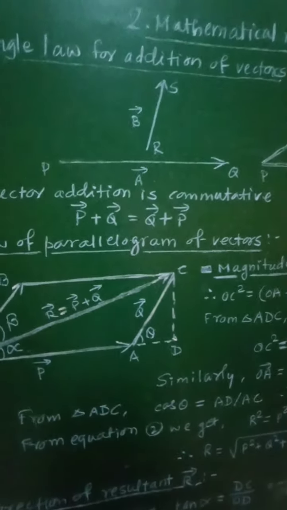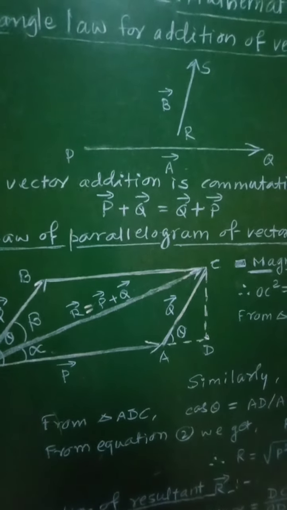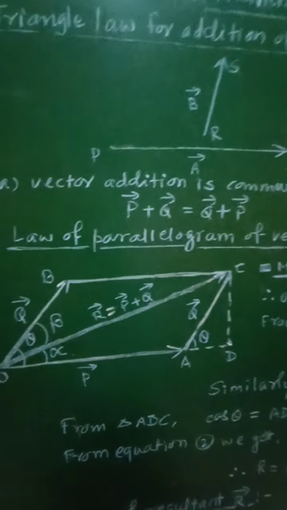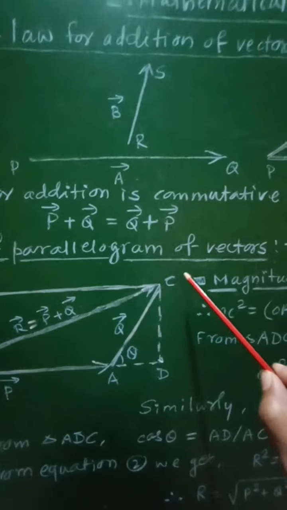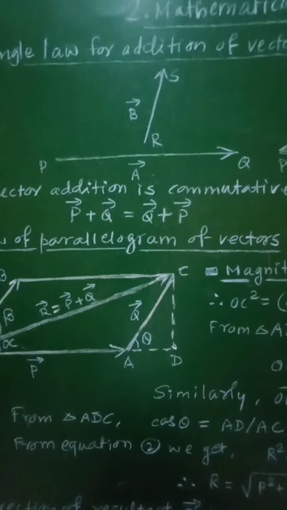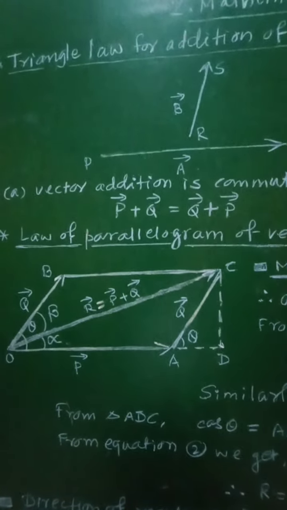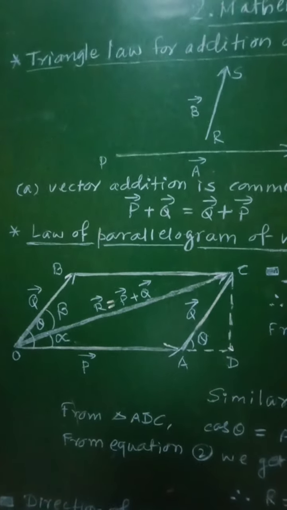Now let us consider the second law for the addition of vectors, and that is the law of parallelogram of vectors. Let us see its statement and then we will explain it.